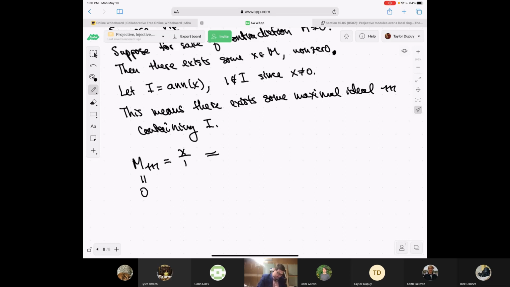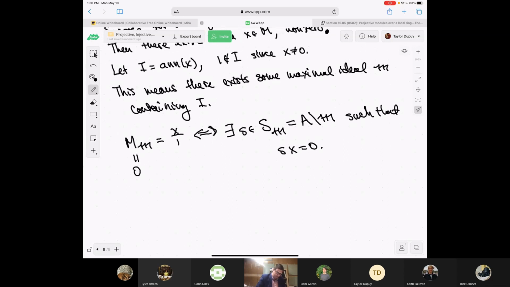This is true if and only if there exists some s in S_M, the thing that we localize at, let me just remind you that this is A with M removed, such that s x is equal to 0. That's what it means to be 0 after localizing. So this is the same thing as saying that s is an element of I, this annihilator ideal.